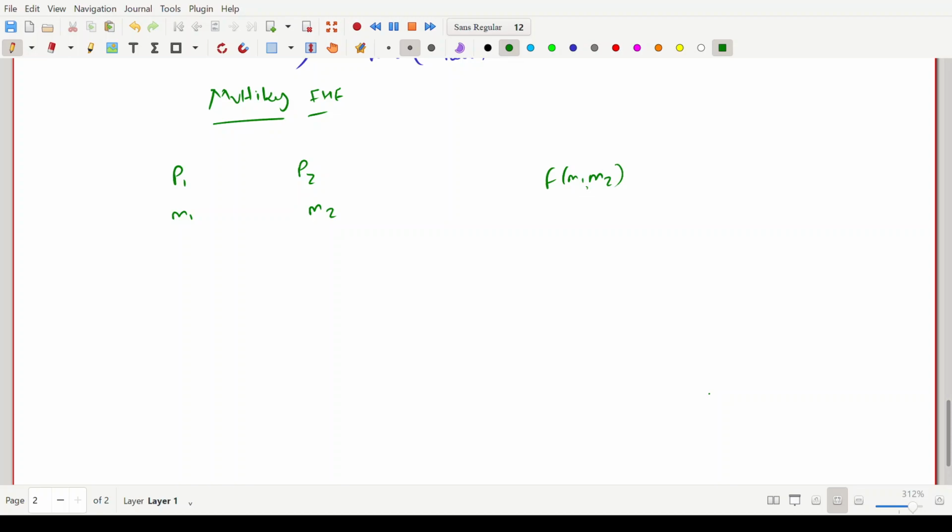One way is you can do multi-party computation, correct? If the function is small, if you just want to calculate an average or maybe a multiplication, then you can use multi-party computation, correct?